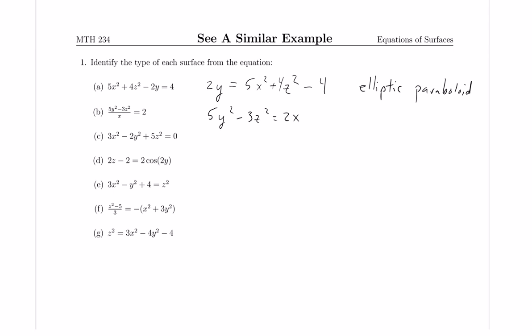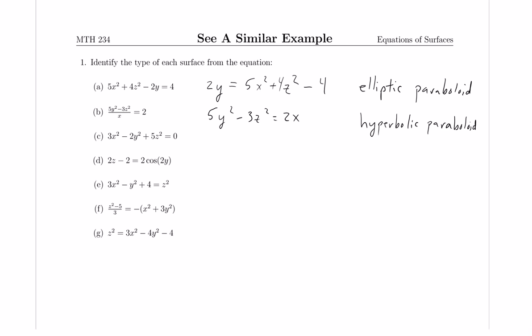We have one variable on its own side, and it's not squared, the x. And the other two variables are on the other side of the equation. They're both squared, and one of them is positive and one's negative. And this you should recognize is the form of the equation for a hyperbolic paraboloid, which is also called a saddle surface.